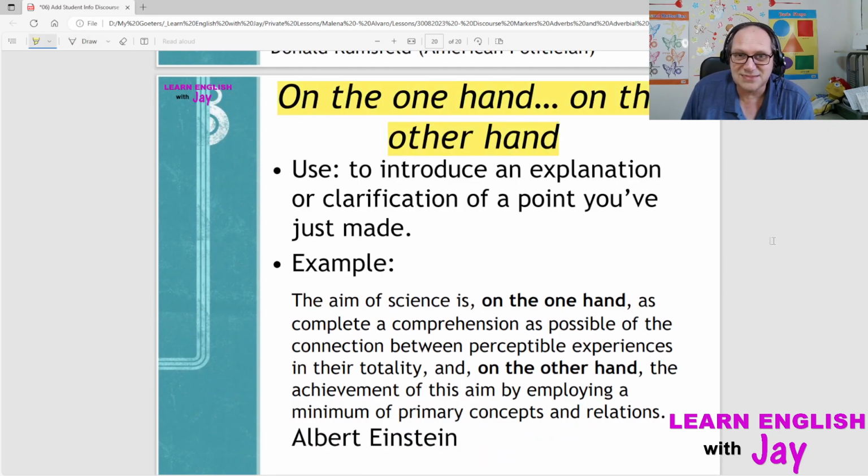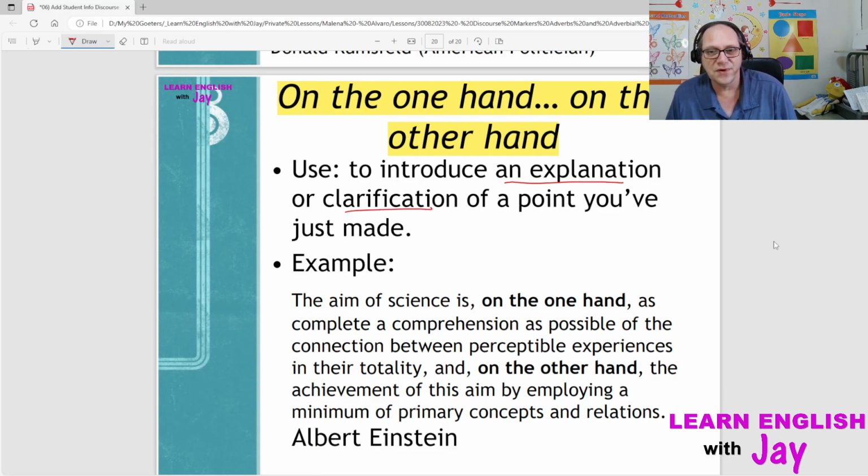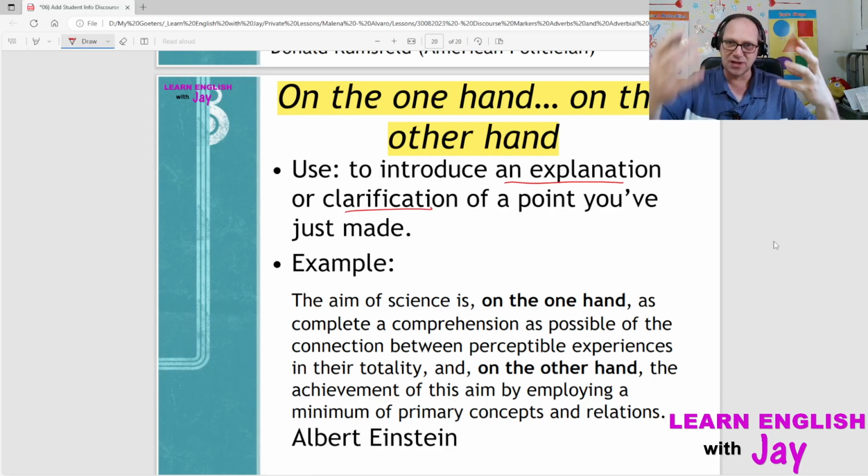"On the one hand" and "on the other hand." This one I think you should know. It's quite a popular one that we use. This is when we give an explanation or clarification, again, of a point we just made. Quite literally, on the one hand and on the other hand.